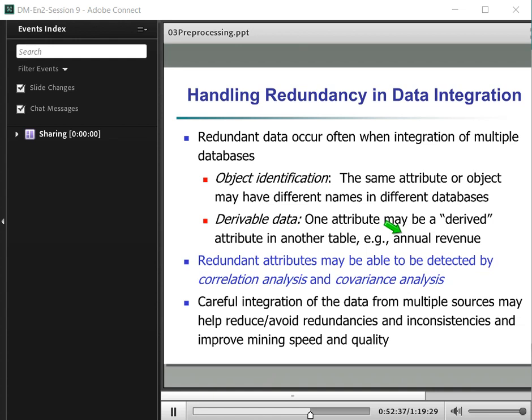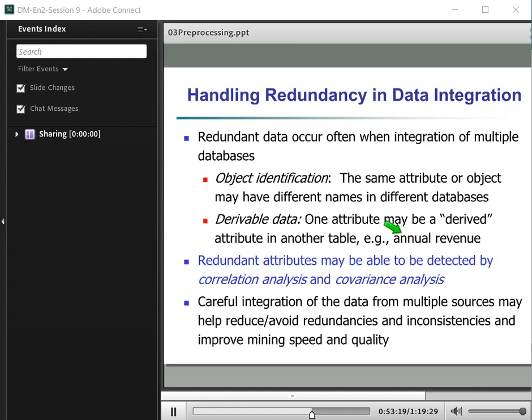But in some cases, it's even more important. When we try to remove redundancy, by removing some attributes, maybe some records, maybe using integration and things like that, in some cases, because of removing redundancies and inconsistencies, the quality of the final results of data mining techniques will be improved too.